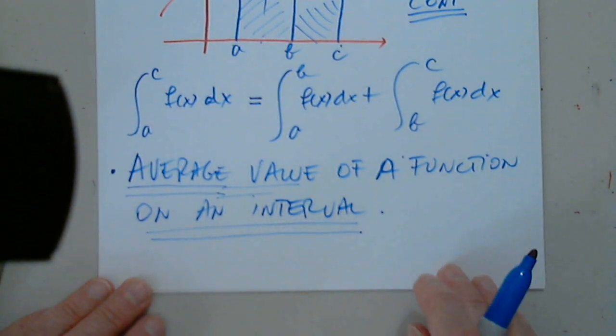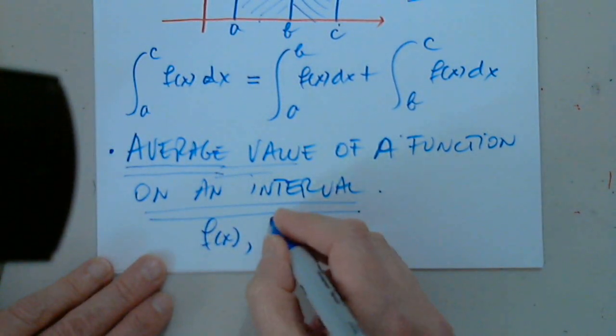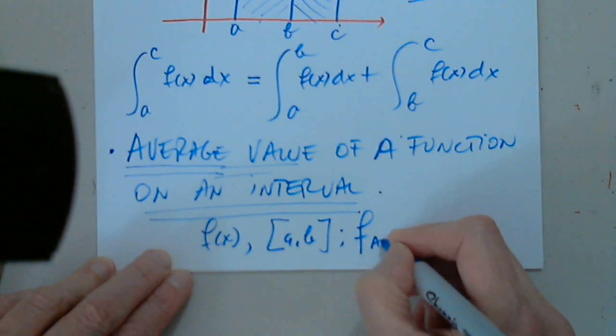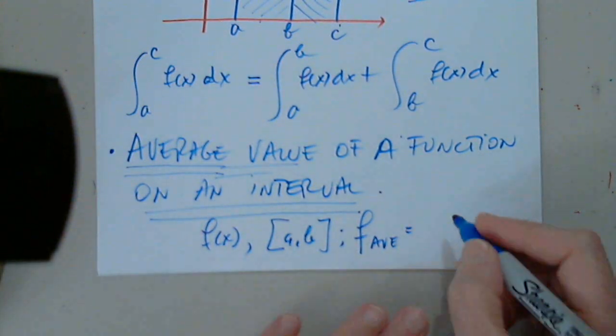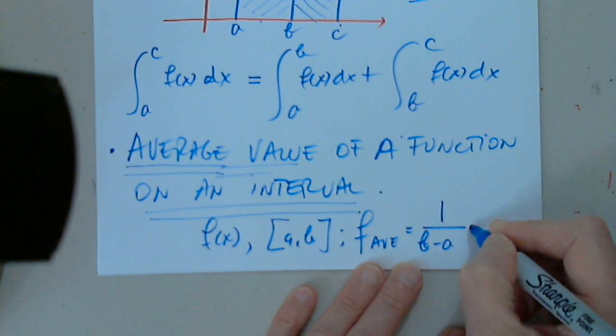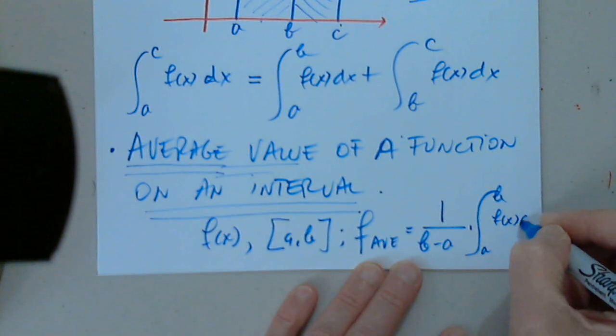Okay, so if we have a function and we have an interval a comma b, f average is 1 over b minus a times the integral from a to b of f of x dx.